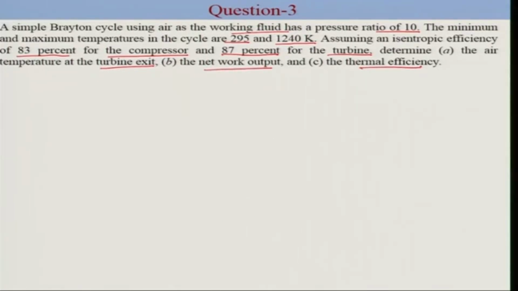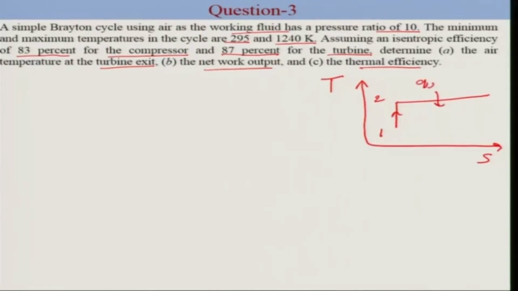Now since this is a Brayton cycle, if we see this process on a T-S diagram, the first process will be an isentropic compression from the state 1 to 2, then heat addition will take place at constant pressure, then isentropic expansion will take place in the turbine and heat rejection will also take place at constant pressure.